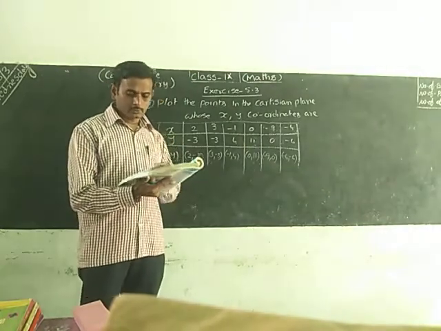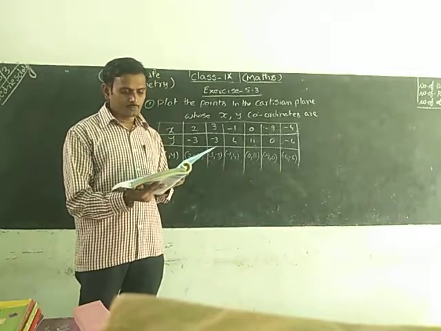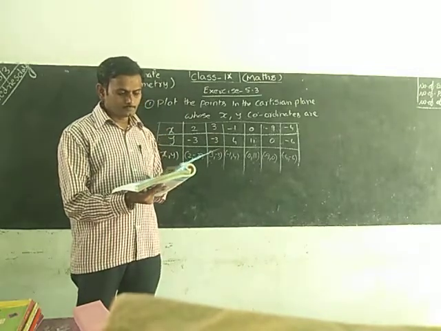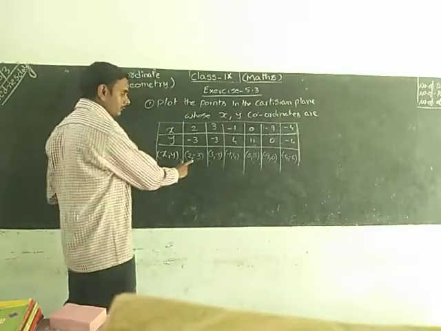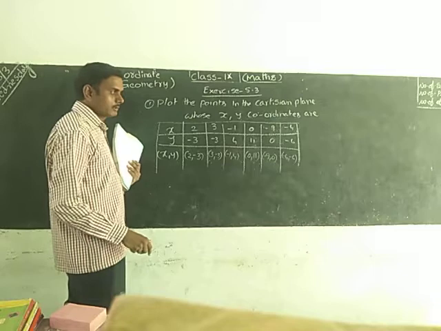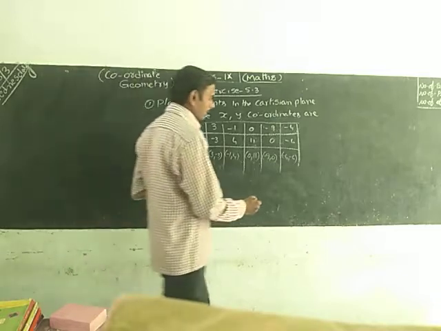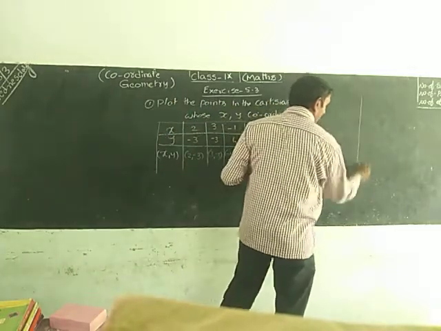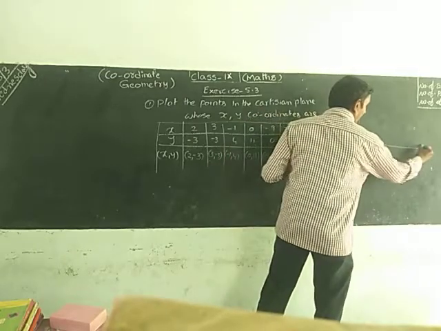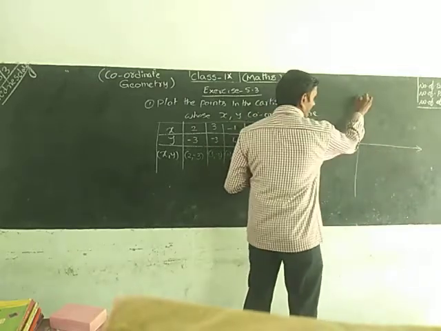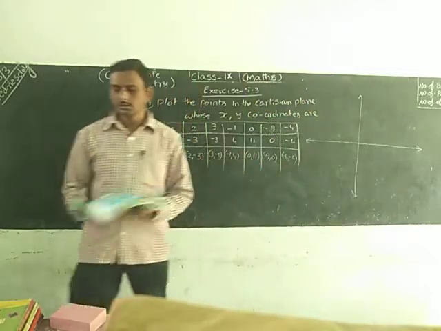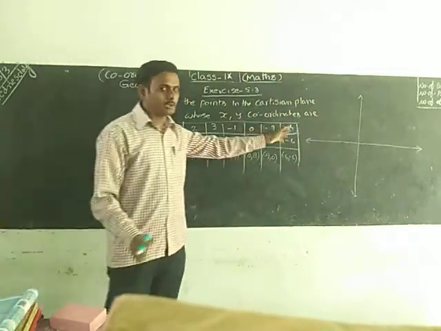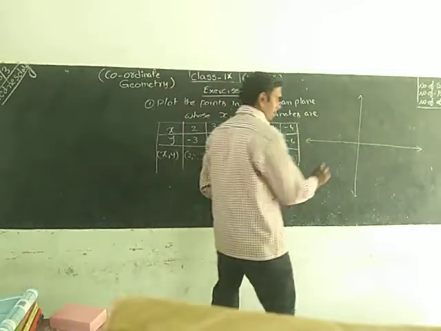Okay, we start with the fifth round. What is the fifth round? This one we have to draw on graph paper. I did not bring graph paper, so I am drawing roughly here, but you should not draw roughly.